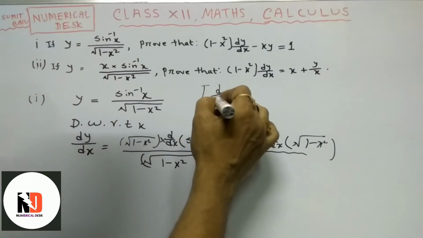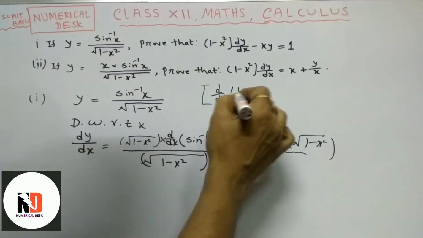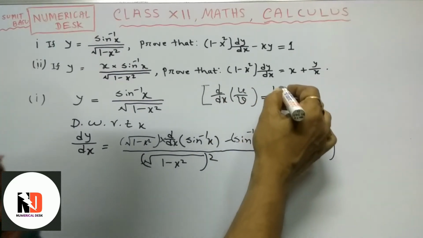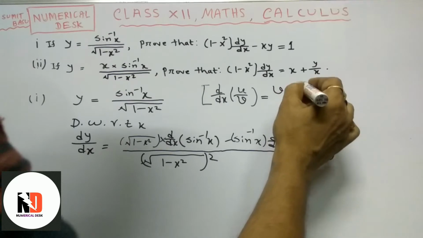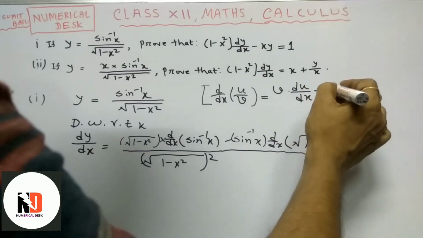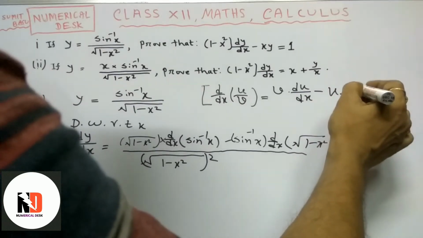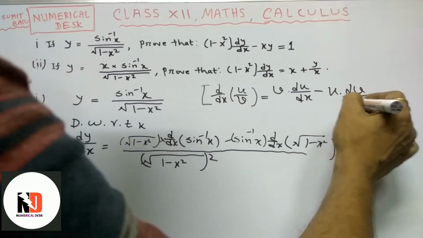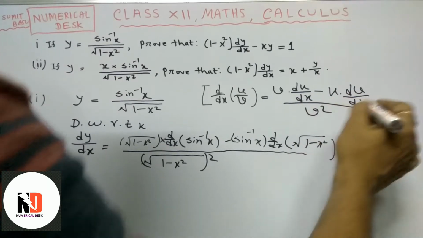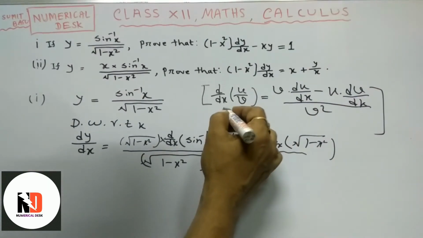And so 1 minus x square, this is the quotient rule that has been used here. So (v into du minus u into dv) by dx by v square, where u and v are both functions of x.